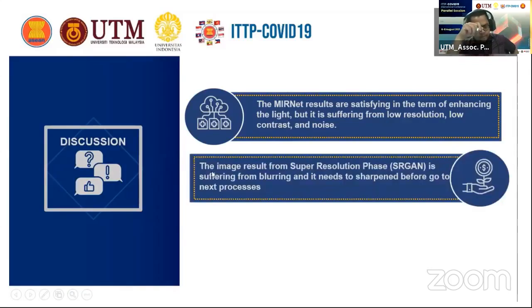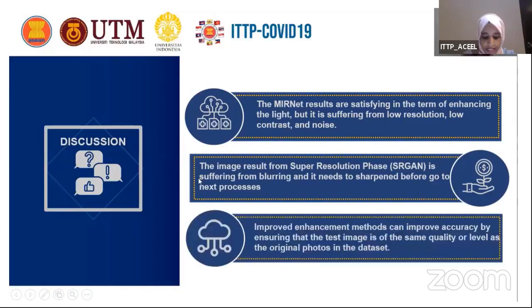Also, the image resulting from the super resolution phase, which is the SRGAN model, also suffers from blurring, as I mentioned before, and it also needs sharpening before we go to the next processes. If we improve the enhancement methods, it will improve accuracy as well by ensuring that the test image is of the same quality or level as the original photos in the dataset.